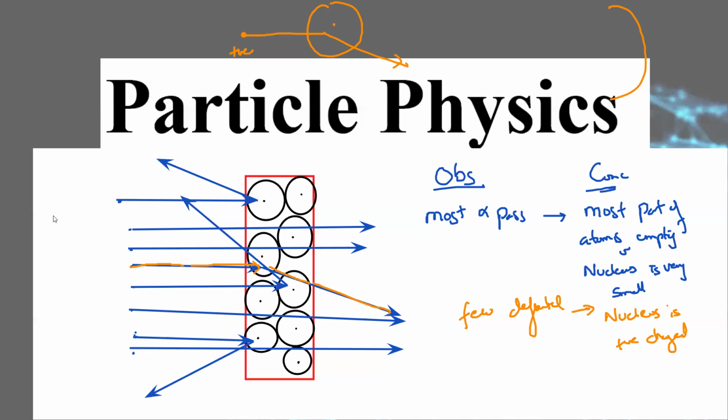So if this was a metal foil and the screen was all around, the observation was that most of the part on the other side of the screen lit up because of these alpha particles. As it is a fluorescent screen, it glows when a particle hits.